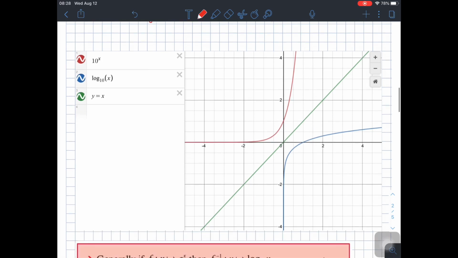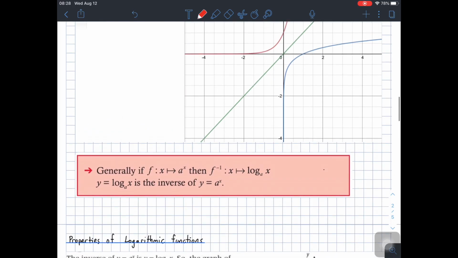Okay, so we're done with the investigation. So here's a general conclusion. It says, generally, if f of x, remember this is the same as saying f of x equals a to the power of x, then the inverse function is f minus 1 of x equals log base a of x.